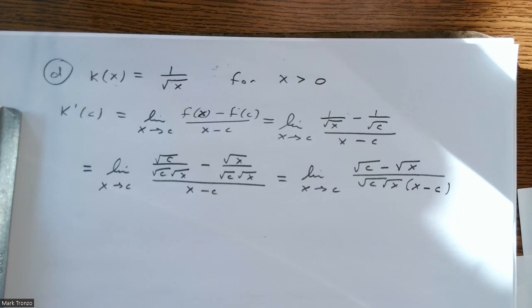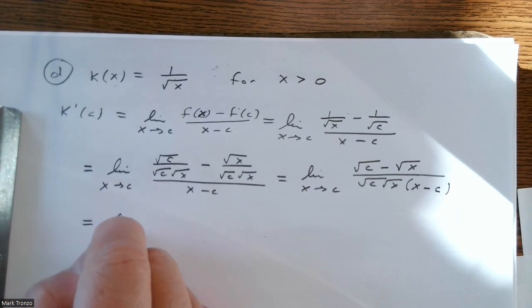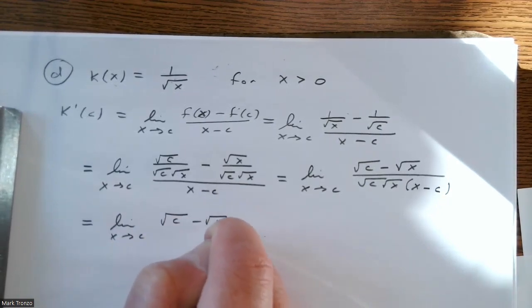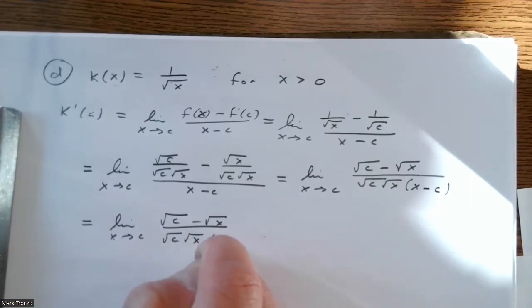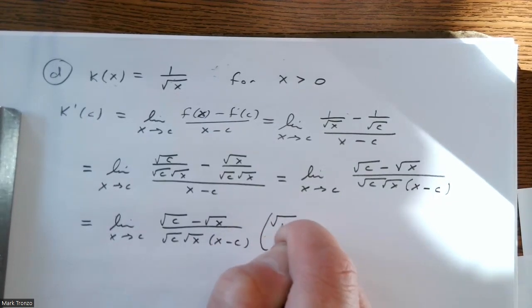Let me see what would be the quickest way, maybe like before. Yeah, let me just do the conjugate way again. The limit as x approaches c of square root of c minus square root of x over square root of c, square root of x, all over x minus c, and multiply by the conjugate, square root of c.